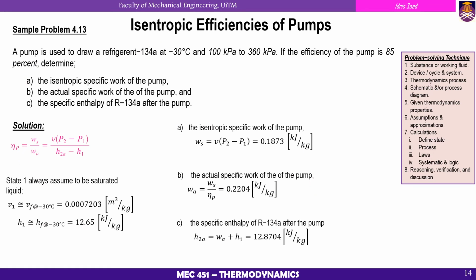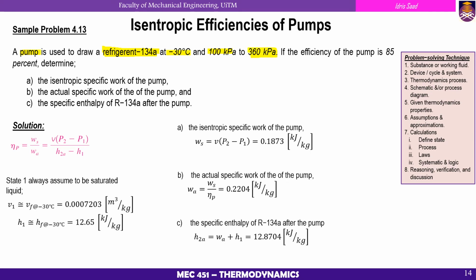Okay, this is sample problem 4.13. It is the example for the isentropic efficiency of the pump. The question said that a pump is used to draw refrigerant R134A at negative 30 degrees Celsius and 100 kilopascal to 360 degrees Celsius.